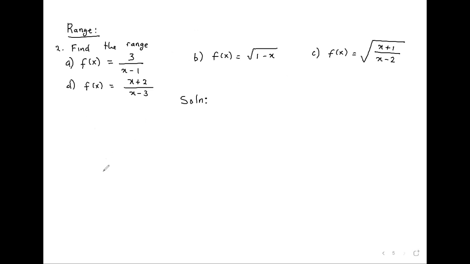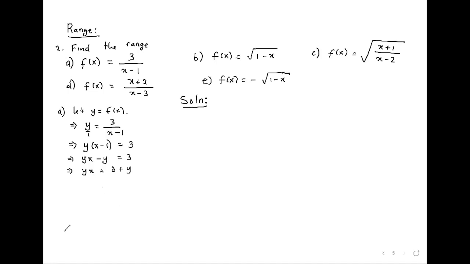Find the range for A, f of x is equal to 3 over x minus 1, and C, root of x plus 1 plus 2. And then D, f of x is equal to x plus 2 over x minus 3. Then I also put E, f of x is equal to root of x.